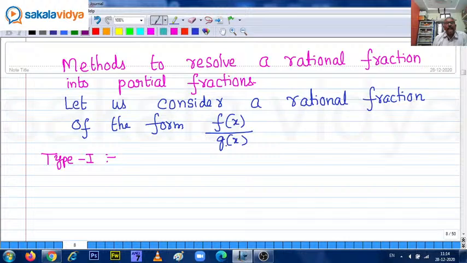It depends upon the denominator. You see this denominator, g of x.